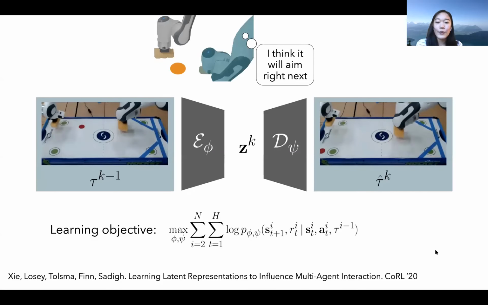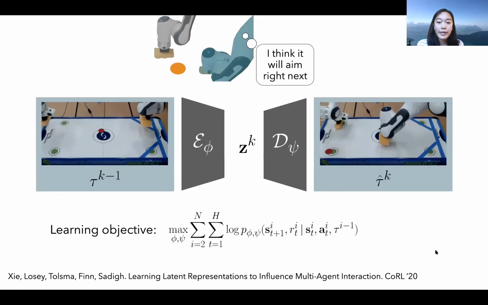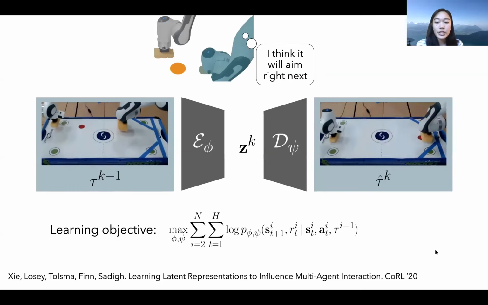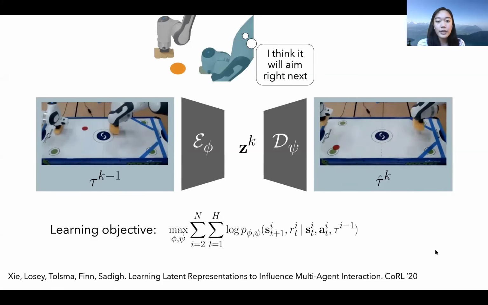Similar to how we were learning a representation of the environment in LILAC, we'll try to learn a representation of the other agent's latent strategy in this multi-agent setting. We will encode an interaction and try to predict the next latent strategy of the other agent.